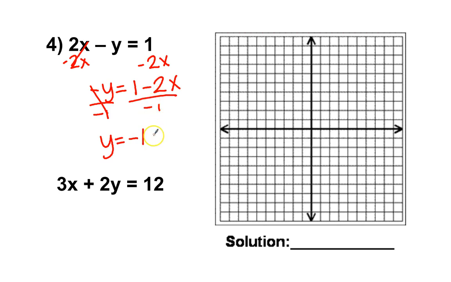A negative divided by negative is a positive. 2 divided by 1 is 2. And if I do it that way, my y-intercept is -1, and my slope is 2, up 2 over 1. Perfect. You do it with me.